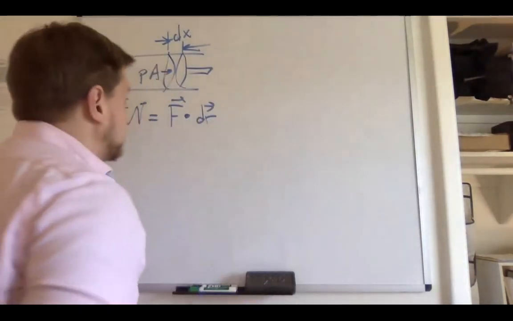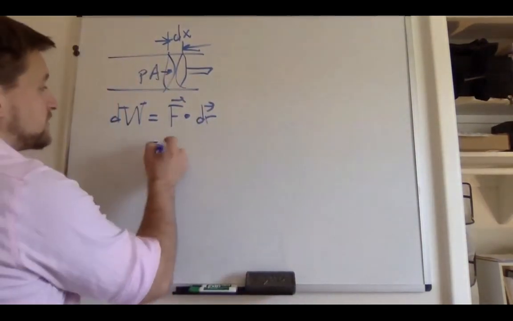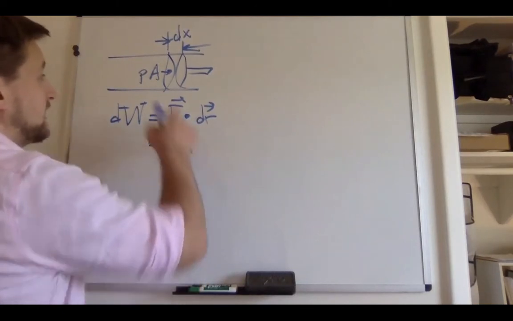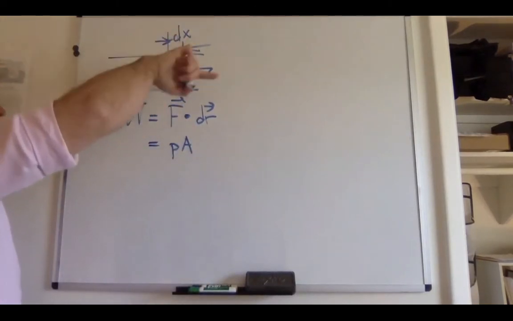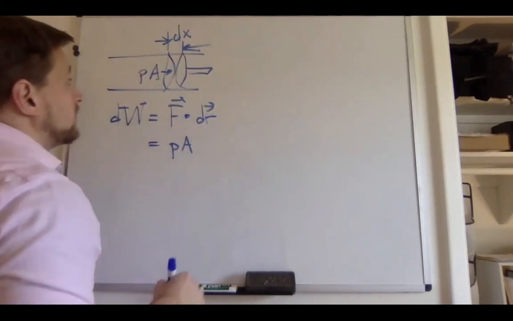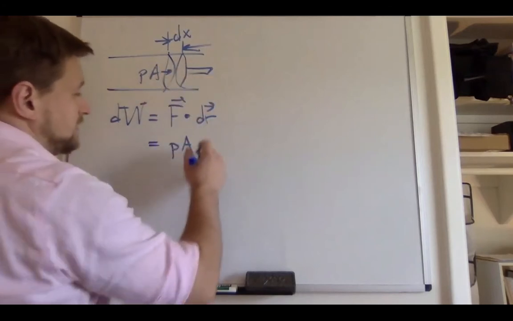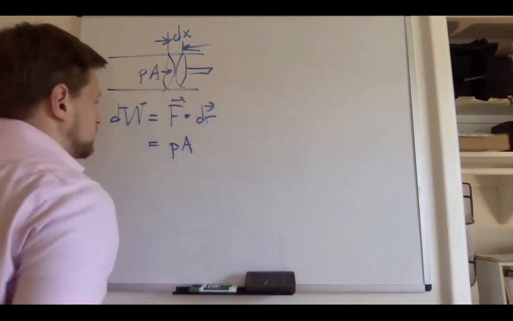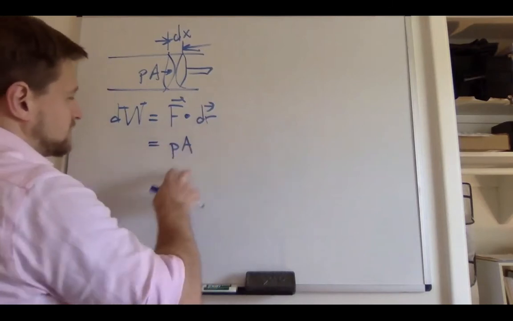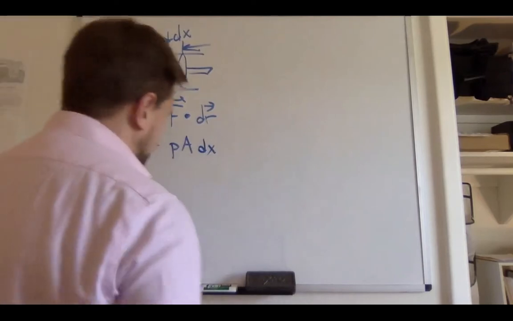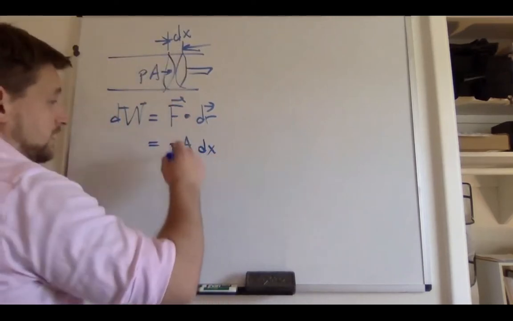So hold that thought. The force that's applied is the pressure times the area, and that is directed to the right, which is the same direction as the change of the position of the piston. So the direction dot direction is just the product of the magnitudes. Force times displacement dx, or dr if you like.